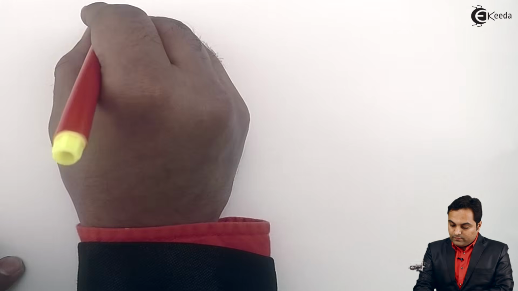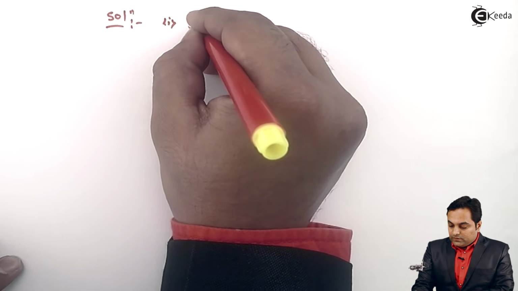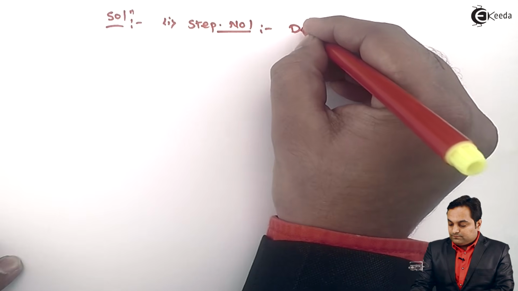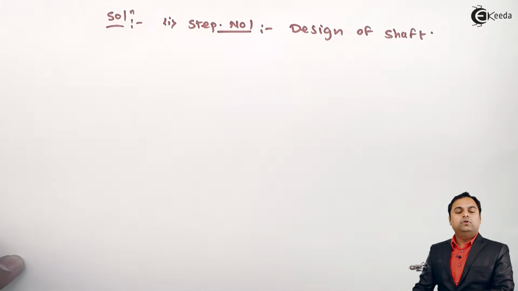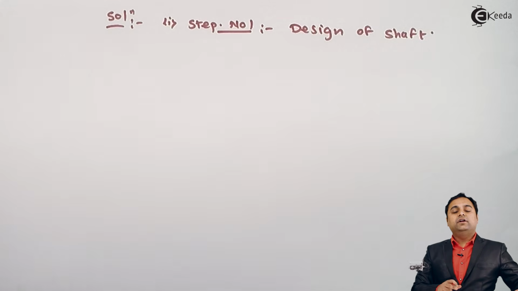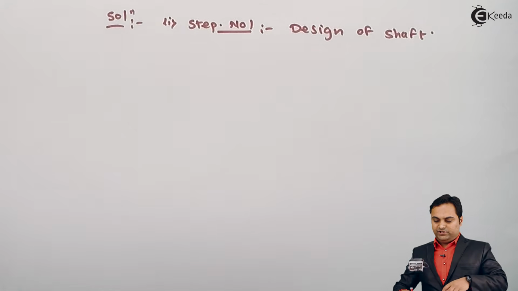So into the solution part, step number 1, it is design of shaft. Now, since we know that the shaft is continuously rotating, it would be subjected to torsional shear stress.